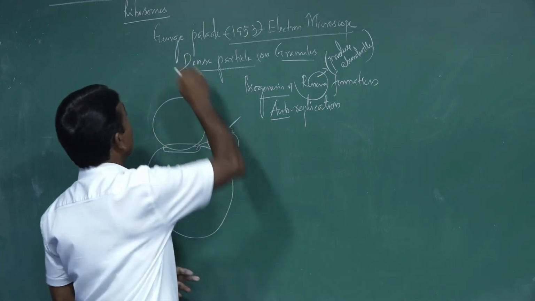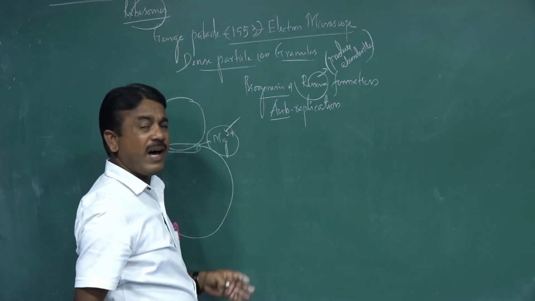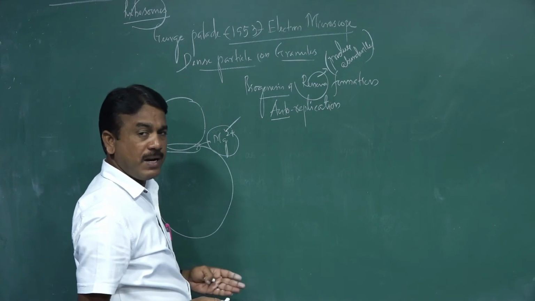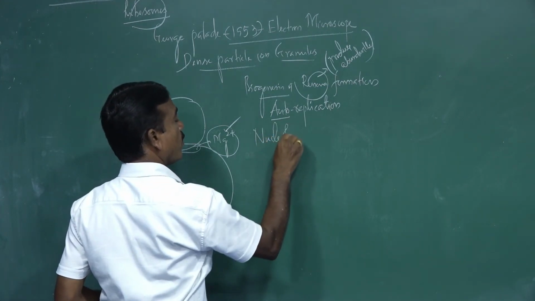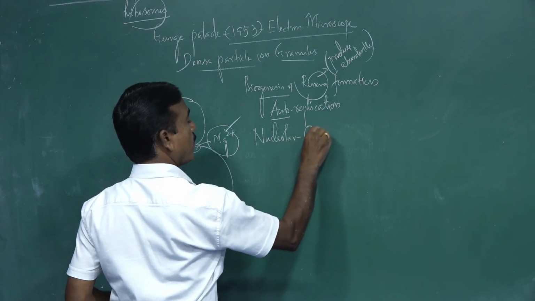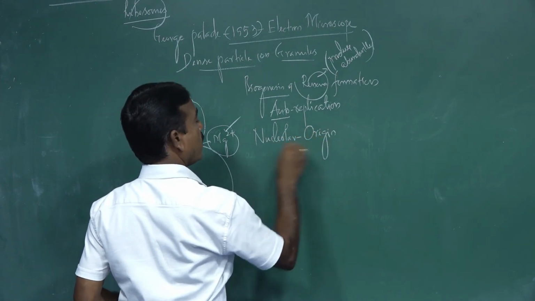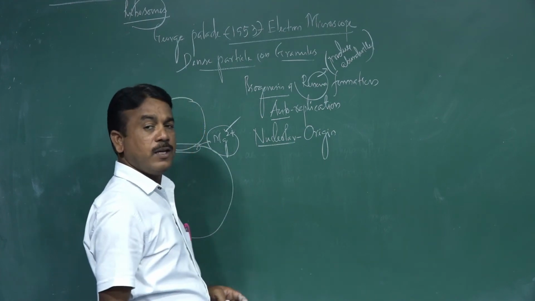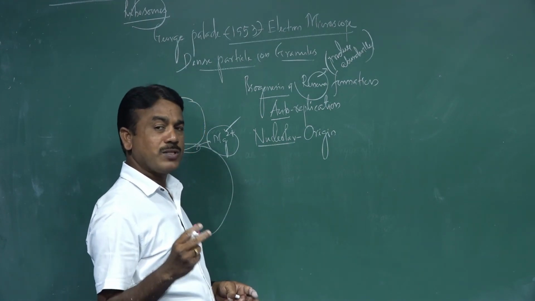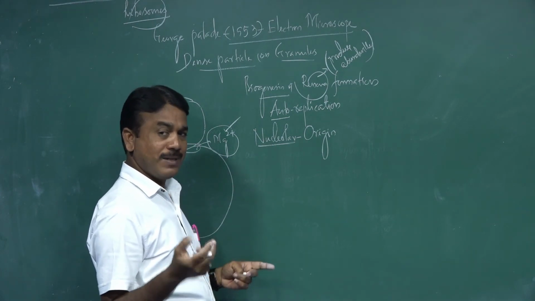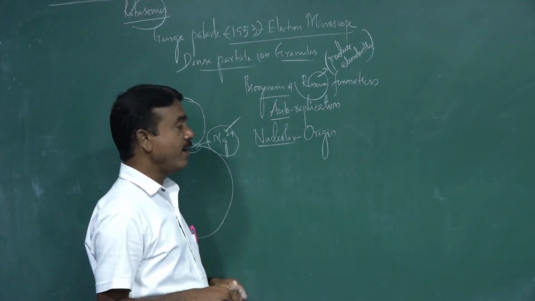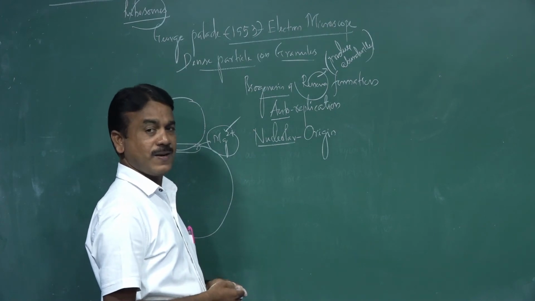In addition, the ribosome has nucleolar origin. Inside the nucleus there is a spherical body called the nucleolus, from which it develops, so it is called nucleolar origin.